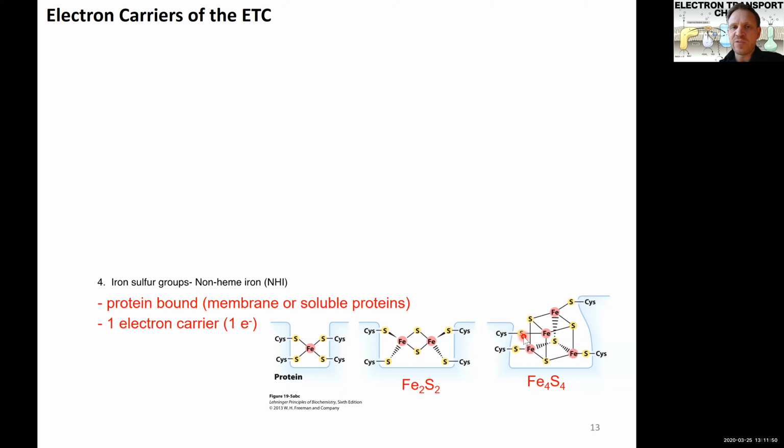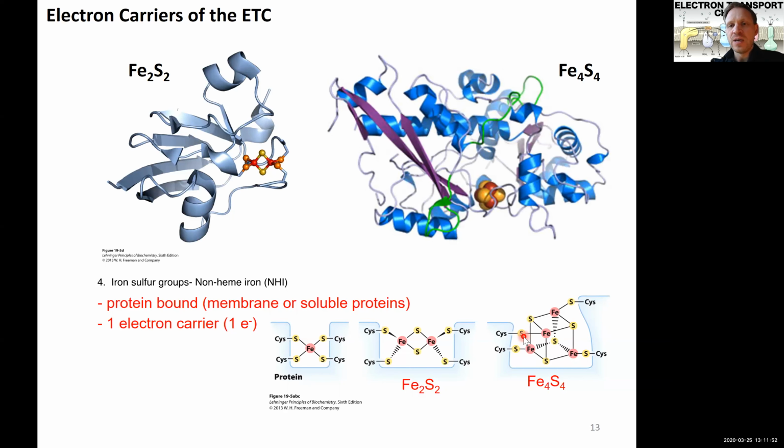Just to give you a sense of perspective, here are two iron sulfur clusters: an iron 2 sulfur 2 right here that is bound in this small protein, so they're complexed with this protein. Here's a bigger one, an iron 4 sulfur 4 complex sitting right here bound to the protein, just to give you a sense of what it actually looks like in the protein complex.